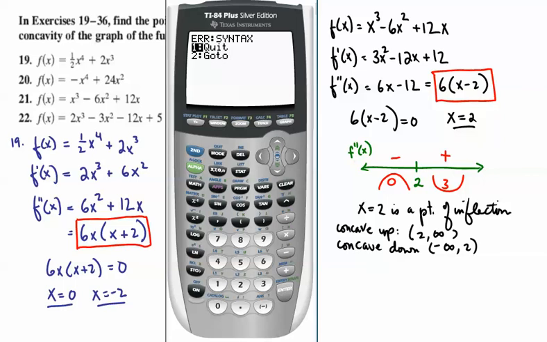We'll go from negative 5 to positive 5 by 1, and from negative 5 to 10 by 1. Let's see if that helps at all.